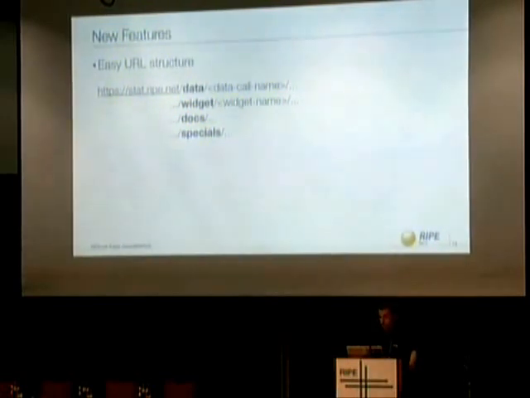And under docs, that's in a way self-explanatory, you will find all the documentation for the data API as well as for the widget API. And then we have the special pages. All the special pages are collected under /specials.